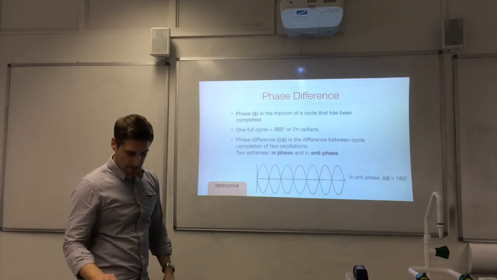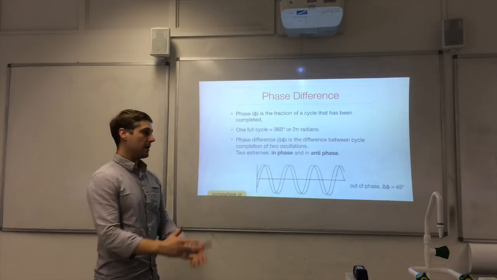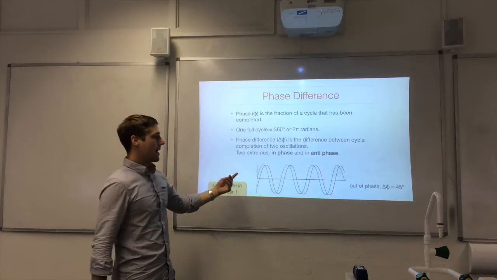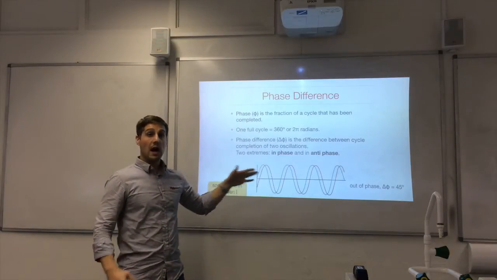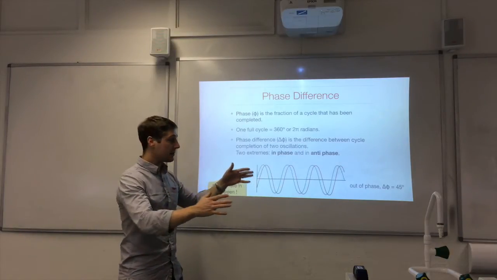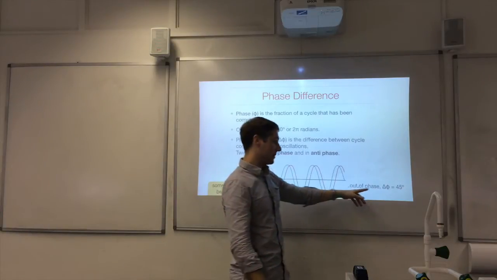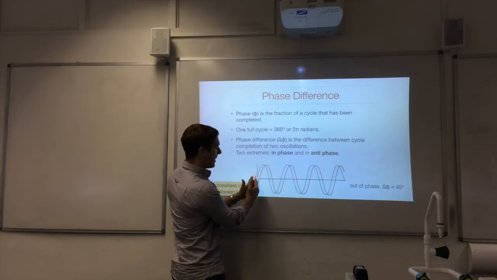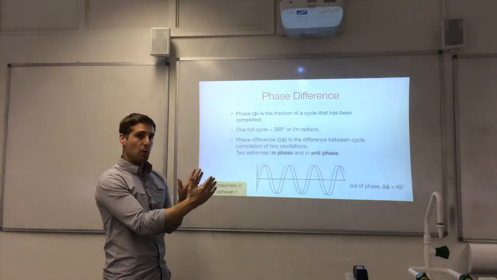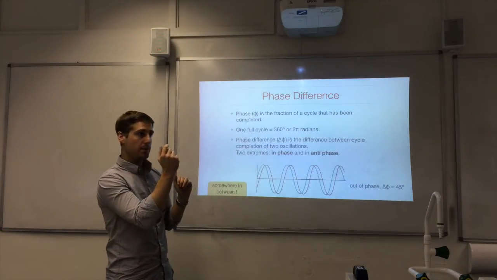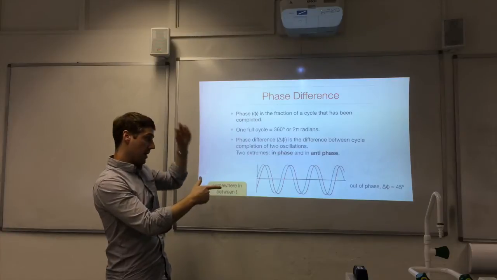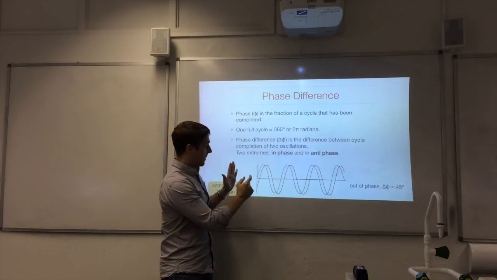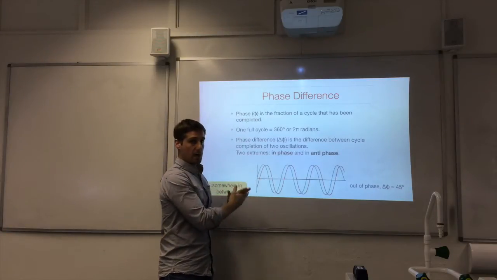Then you can also have something in between. These waves are out of phase, not in anti-phase, and delta phi is 45 degrees here. So the red one is lagging behind the green wave by an eighth of a cycle, so it's 45 degrees behind.